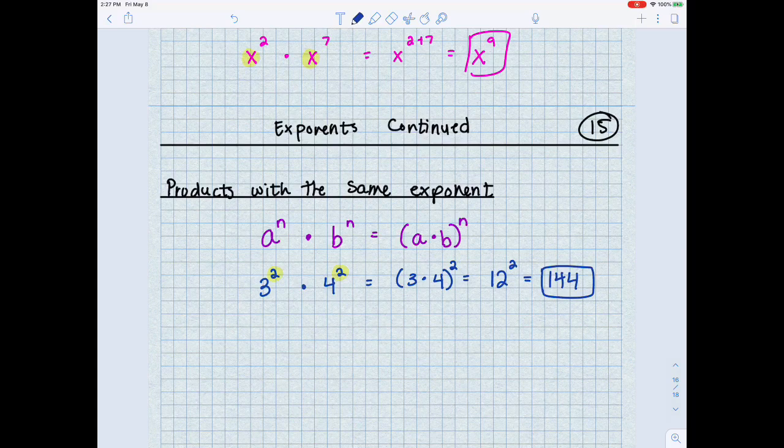Let's try an example with negative exponents. So, let's see. Let's go 6 to the negative third power times 3 to the negative third power.